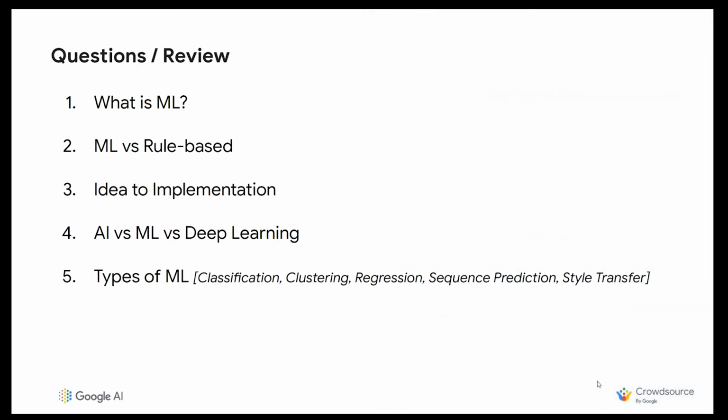So we are done with our questionnaire, and let's review what we have done in the past session and today's session. First, what is ML? Machine learning, in simple words, is algorithms that try to mimic human intelligence with the help of data.